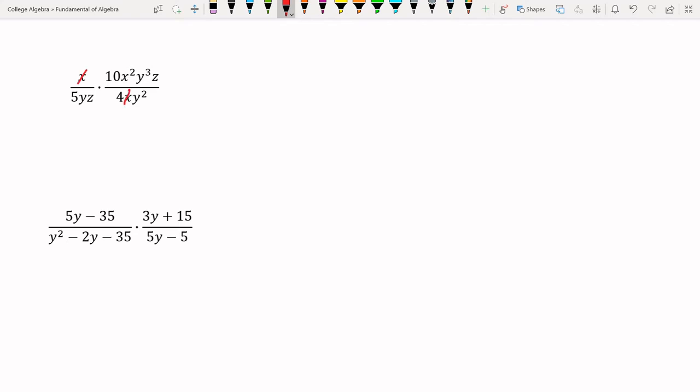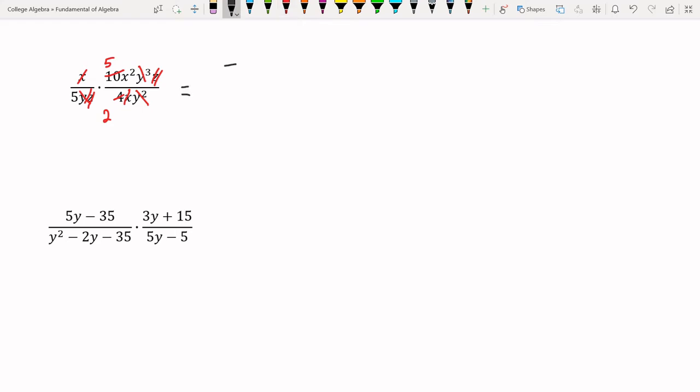And then we have a y here, and these two y's cancel with that y on top. This z cancels with that z on top. Now you can see that this 4 can be reduced to 2, and that 10 can be reduced to 5.